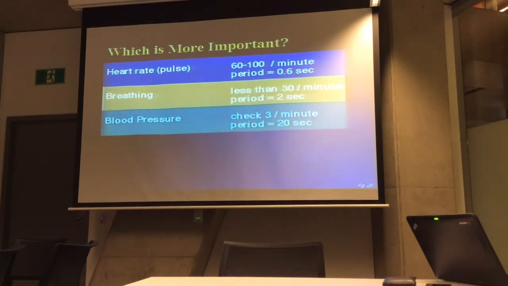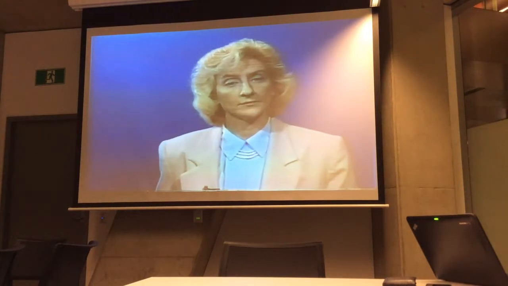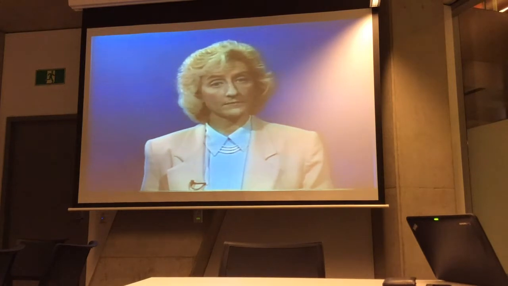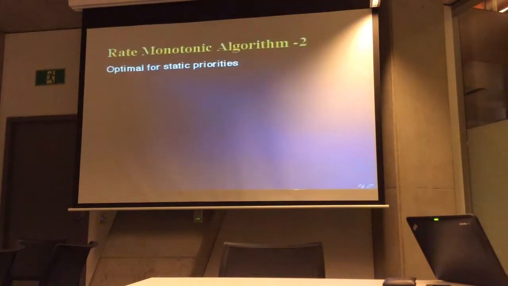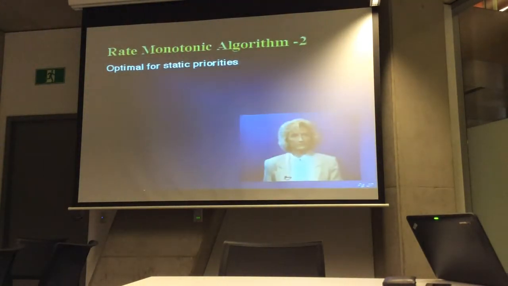I'll be giving the reference for the mathematically inclined among us who want to digest the proof, but for now, let me say that the algorithm we're about to look at has been proven to be optimal for static priorities. Now, what does optimal mean? It means that if a task set cannot meet its deadlines with a rate monotonic priority assignment, then the task set won't be able to meet its deadlines with any other fixed priority assignment.